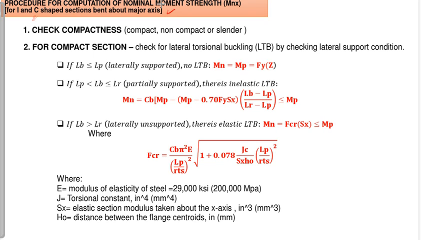So major axis tayo, kaya meron tayong X dyan, MNX. Okay, so MNX. For other section, tingnan nyo na lang sa NSCP ninyo. Okay? Meron yung mga equations for other sections.